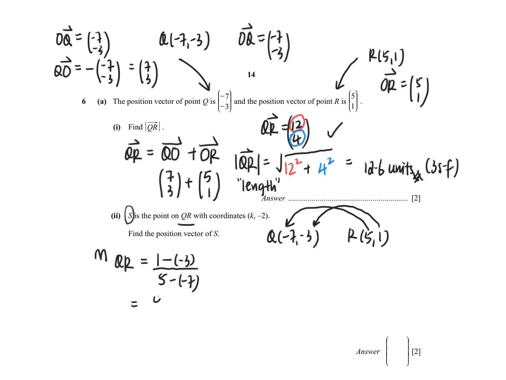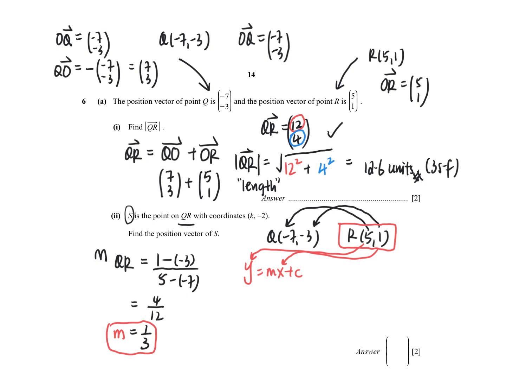So the gradient tells me that it is 1/3. So I have gradient. I choose one point. So gradient is this one. I choose one point here. I sub it into y equals to mx plus c. So I sub this as 5, sub this as y, and I sub this as 1/3. So 1 equal to 1/3 times 5 plus c. So c will give you 1 whole minus 2/3, is it? I think so.